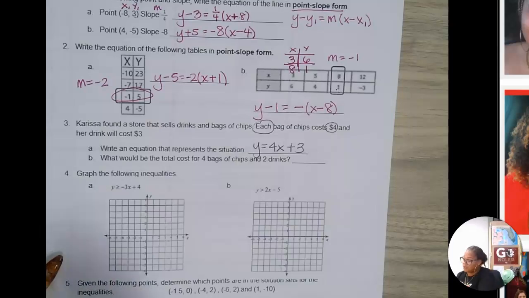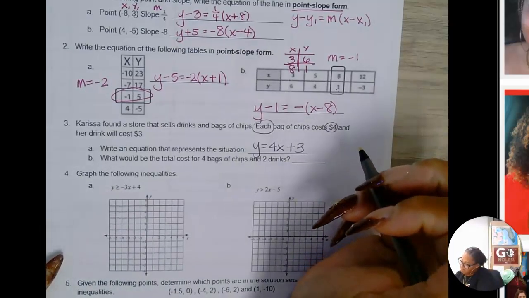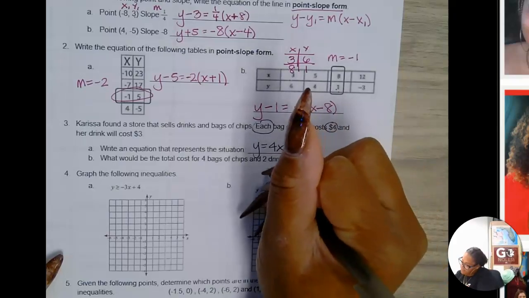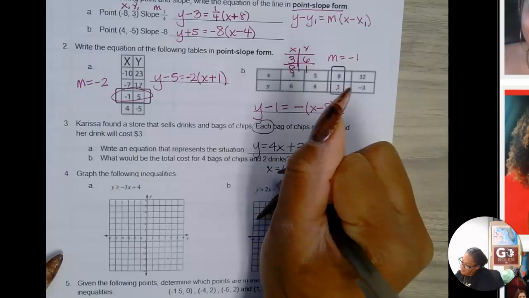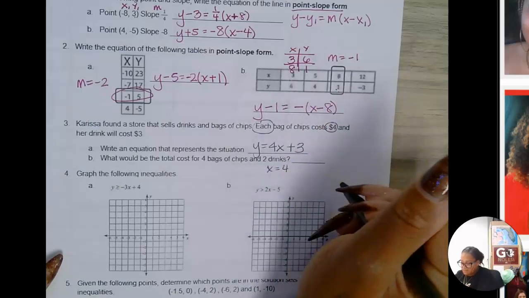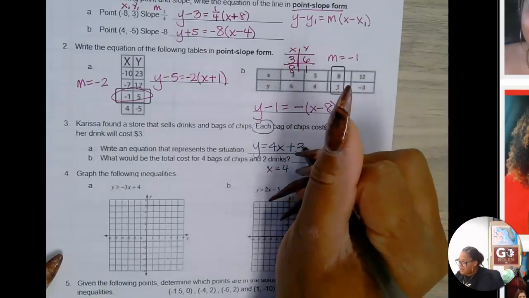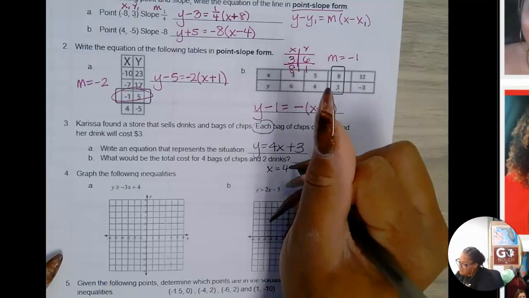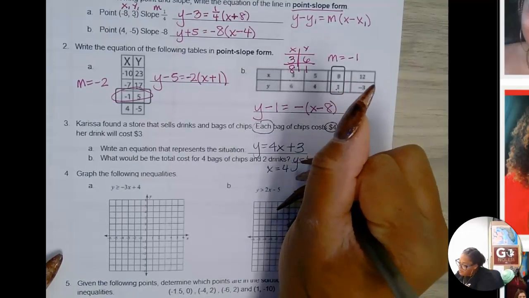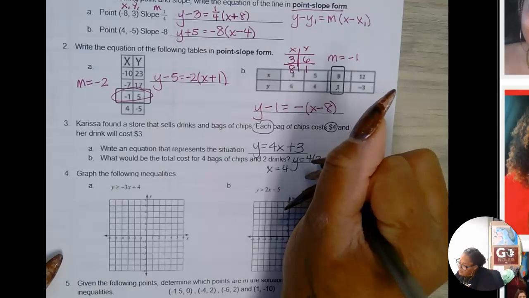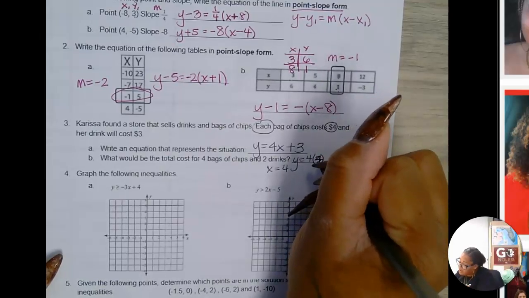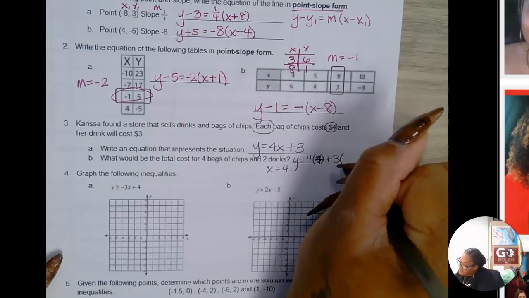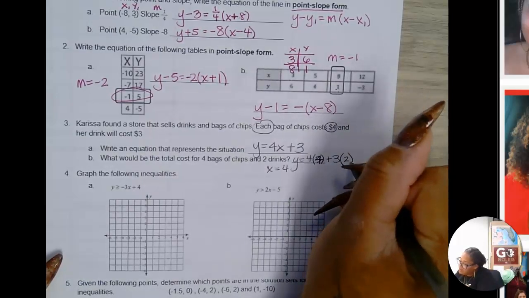Oh, now we're switching it up. So x is 4, and I can't say y is 3, but I'm going to multiply this by something else. So y equals 4 times, it should be 4 because it's $4, plus 3 times 2 drinks.